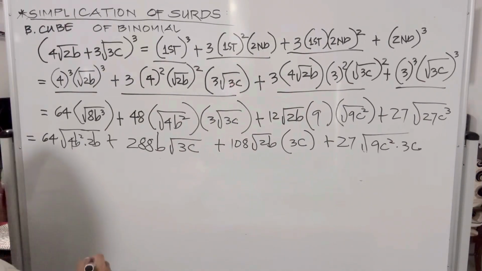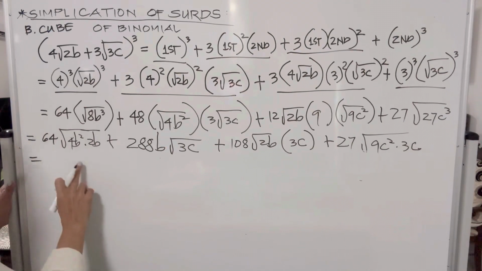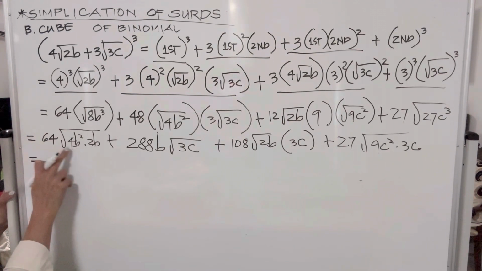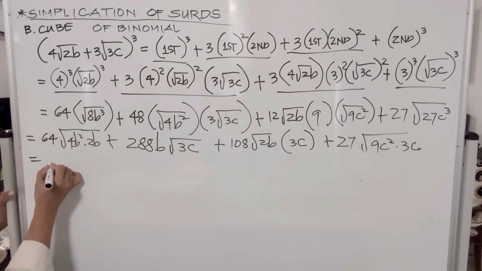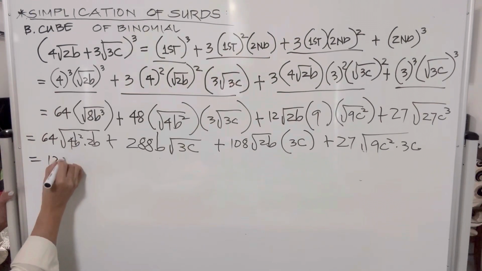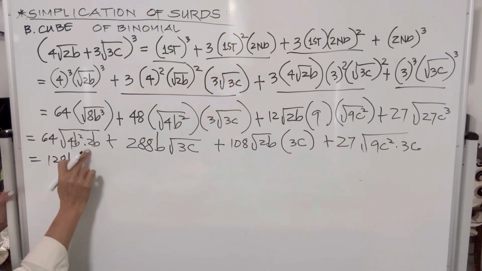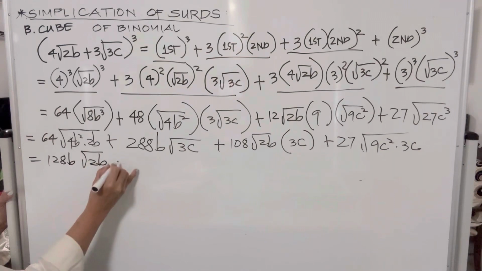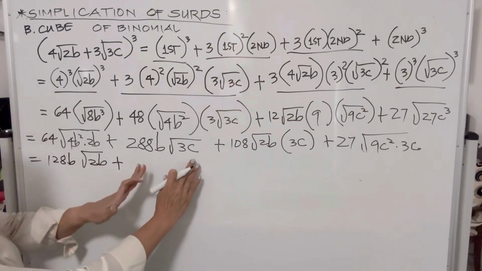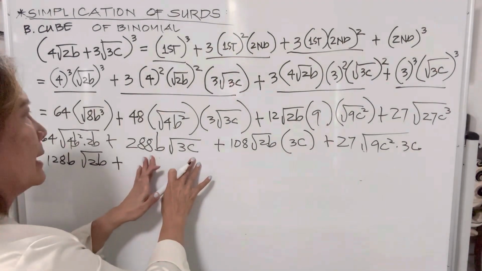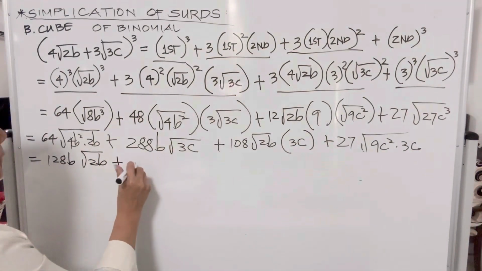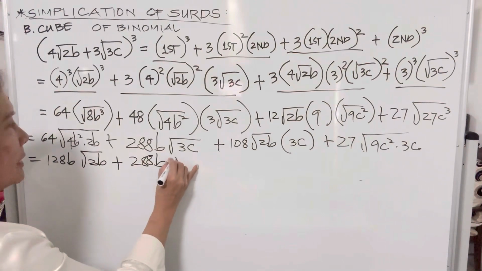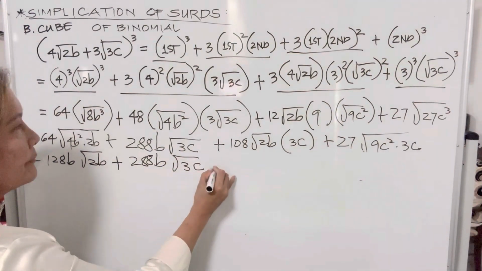Now let us continue. We have the square root of 4b squared is 2b times 64 is 128b. Copy the square root of 2b. Plus, we cannot further simplify this anymore, so we copy 288b square root of 3c.